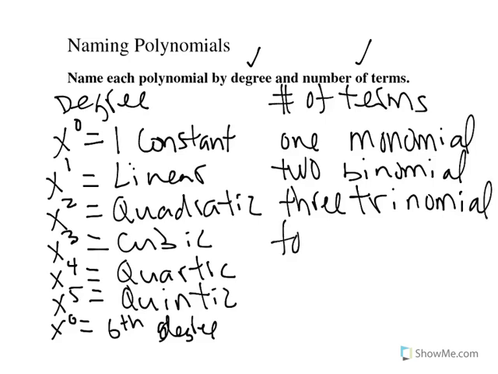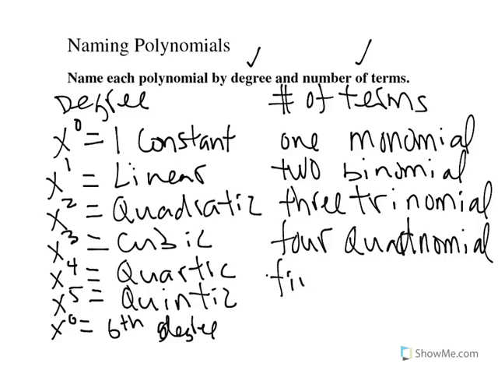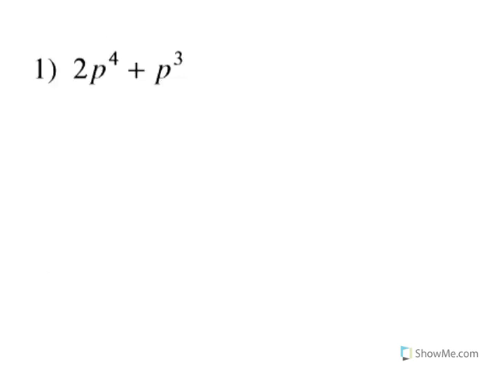And for a 4 term, then we call this a quadnomial. And anything greater than 4, then we would just give it a number. So say for a 5 term, we just call it 5 terms, right? And so on. Okay, so let's go through our first example.